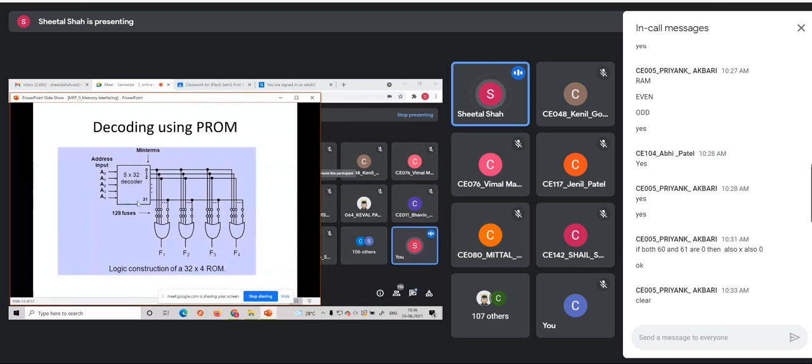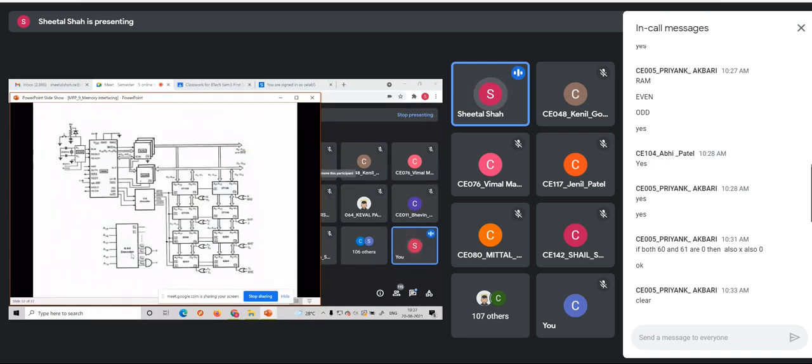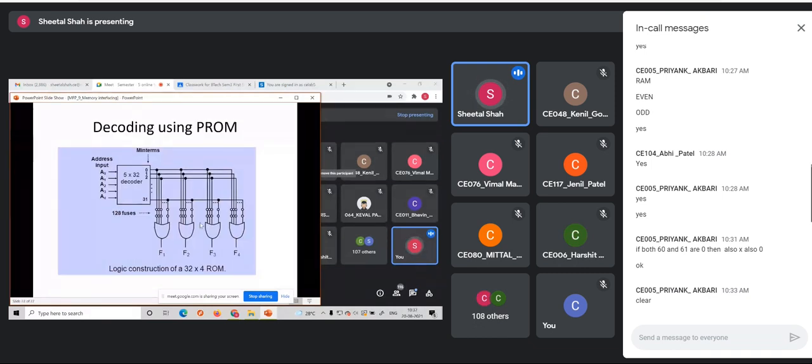PROM consists of a decoder with OR gates, and you have a number of links provided here, which can be either connected or disconnected, and you can create the logic construction of this 32 cross 4 PROM, which is shown here. I'm not going into it. So instead of such a decoder, you can also have such a PROM for decoding any of these ICs.